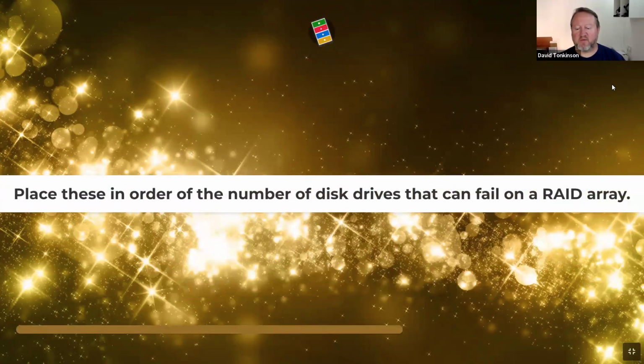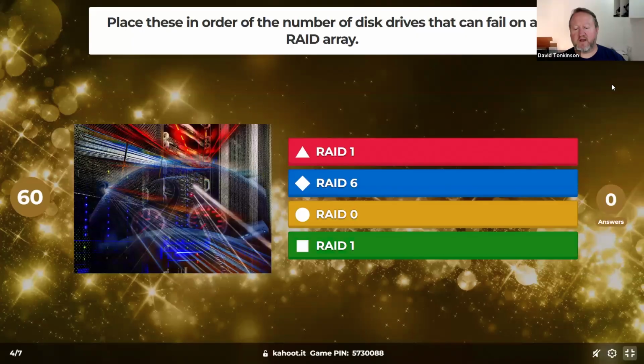Place these in order: the number of disk drives that can fail on a RAID array. I remember this one. I may have put RAID 1 in there twice.